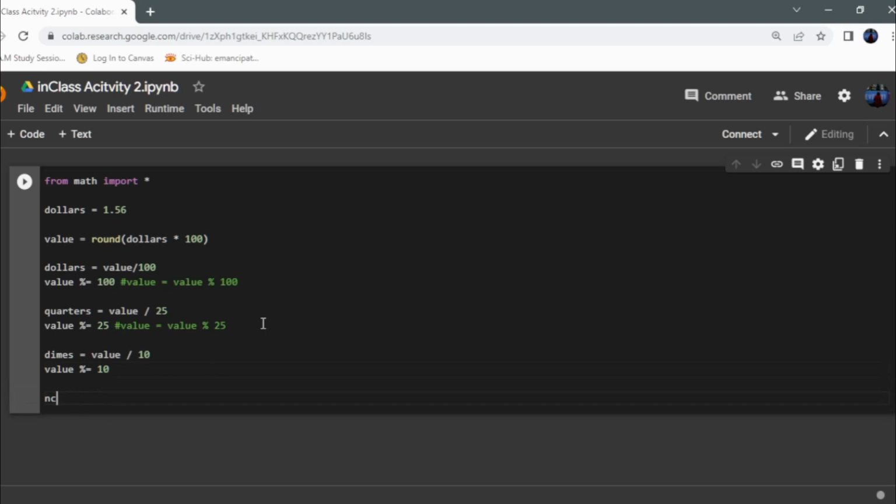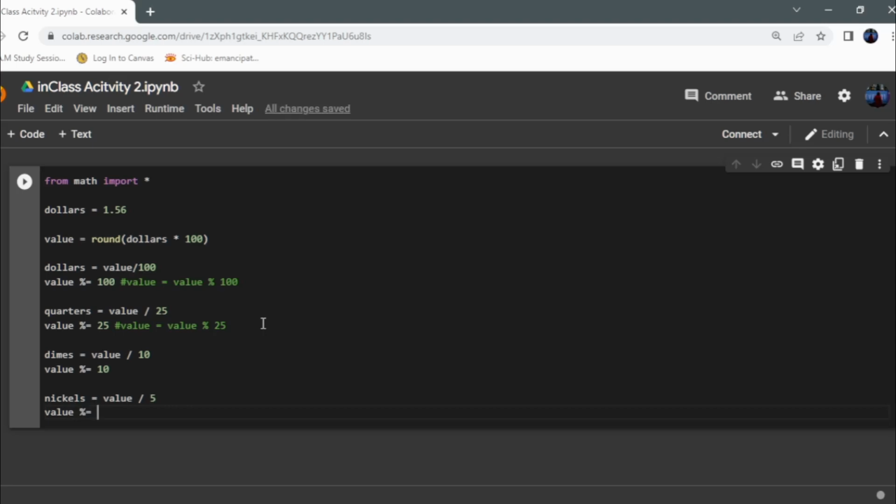Nickels is value divided by 5, value modulo equal 5. We're just getting the remainder and divide it by how many nickels. How many nickels are there for 1.56?